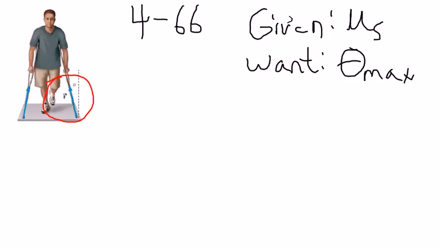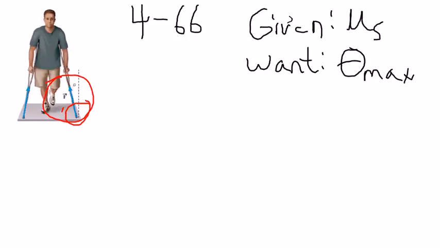So what we need to do in order to solve this problem is to look at a free body diagram for this person and, more particularly, the bottom of their crutch. So what forces do we have acting at that point?